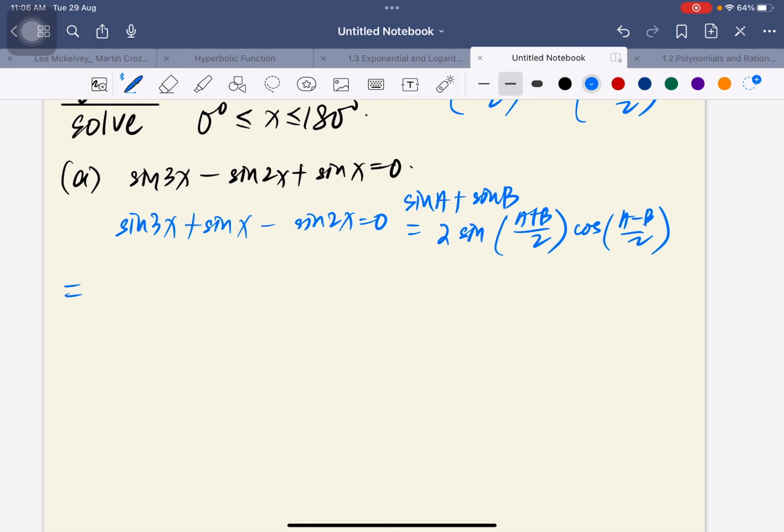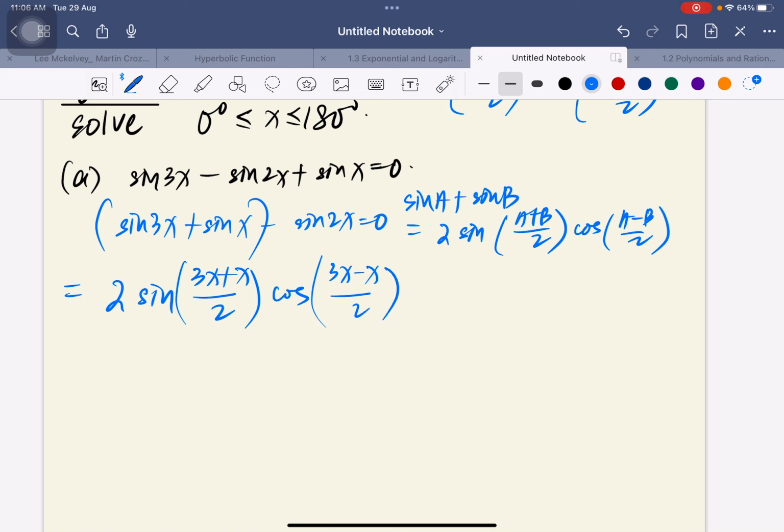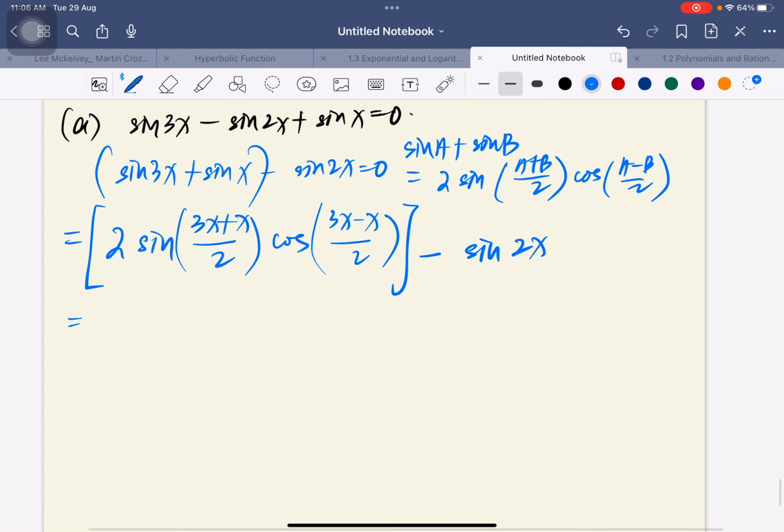So let's simplify first. Sine 3x plus sine x using the factor formula gives us 2 sine of 3x plus x over 2, cos of 3x minus x over 2, minus sine 2x. So this will give us 2 sine 2x cos x minus sine 2x.